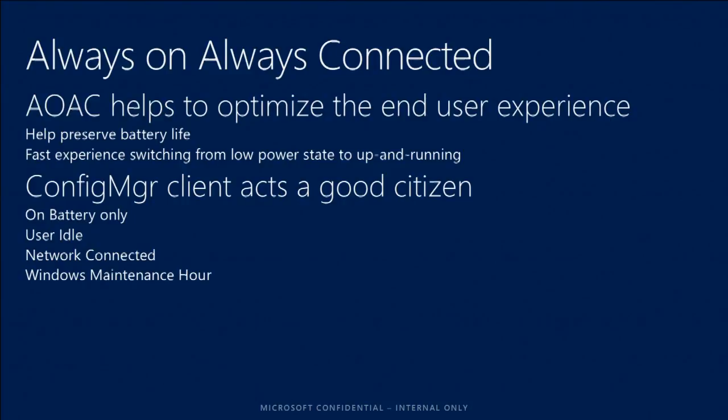With that said, for clarification, there are certain tasks that we know are very important. For example, if you have a compliance requirement and you've gone past a certain enforcement deadline, we're still reasonably aggressive to make sure we complete those tasks, even if it might impact battery to a certain extent.